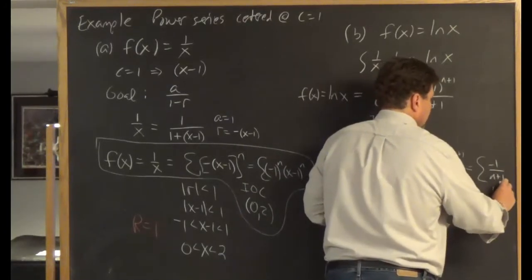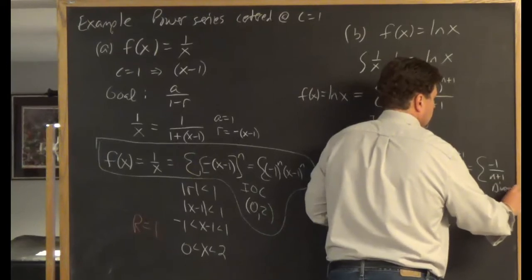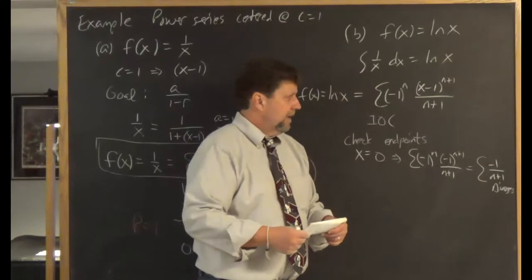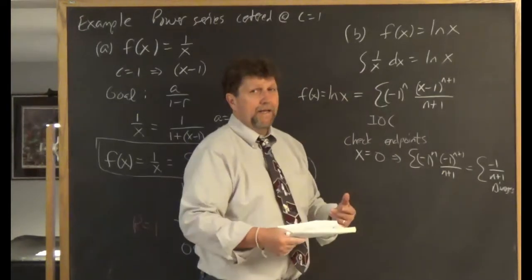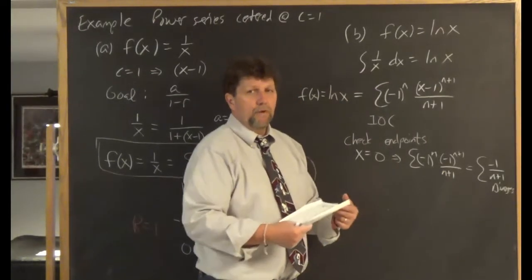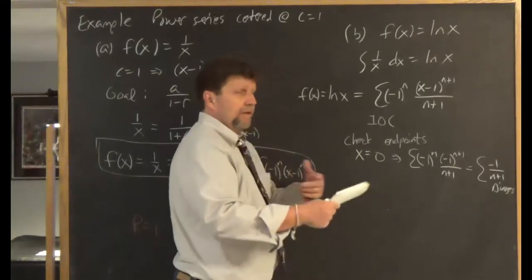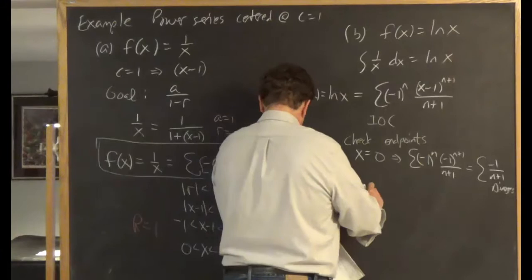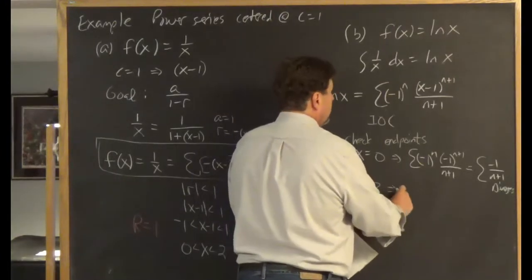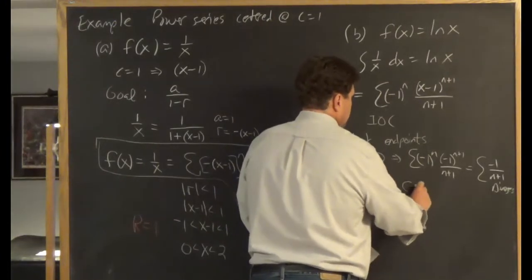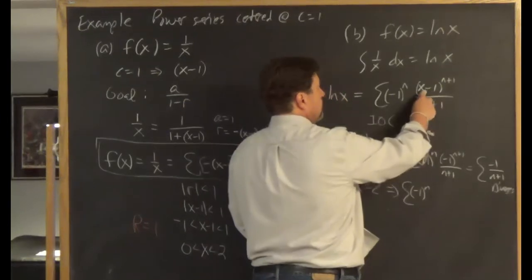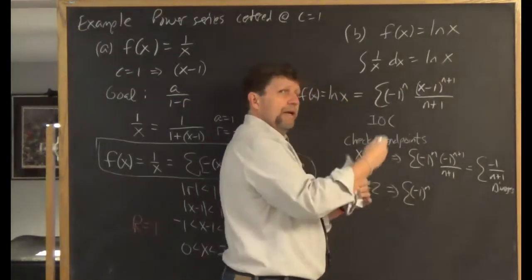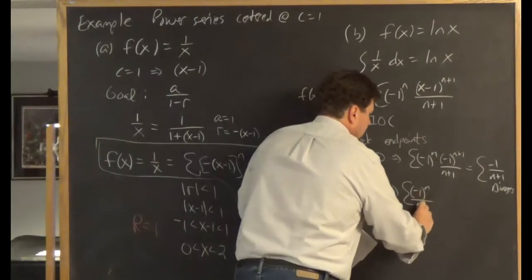And I know that series diverges. It's a form of the harmonic series, just shifted one unit over times -1. I need to check x equals 2. So when I check x equals 2, 2 minus 1 is 1. 1 to the n plus 1, well that's always 1.